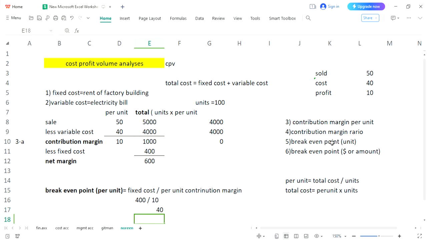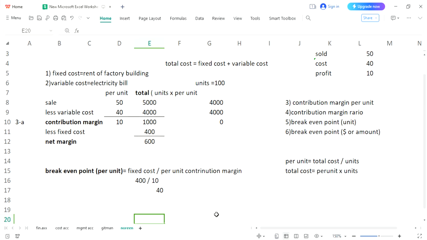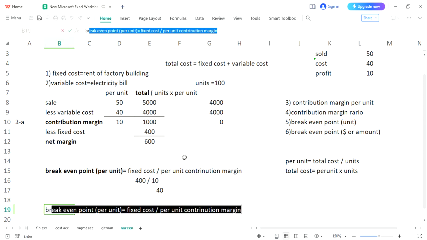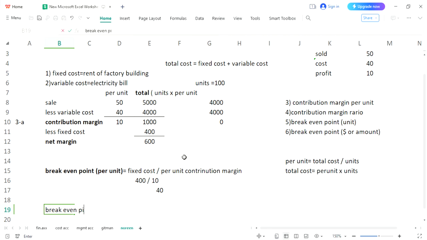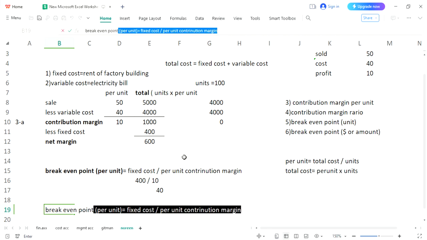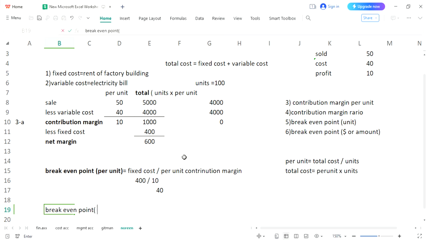So fifth heading we have discussed, and now we are going to discuss break even point in terms of dollar. This is our final heading which we will be putting over here. So break even point is again being discussed, but this would be not per unit, rather in terms of dollar or amount.